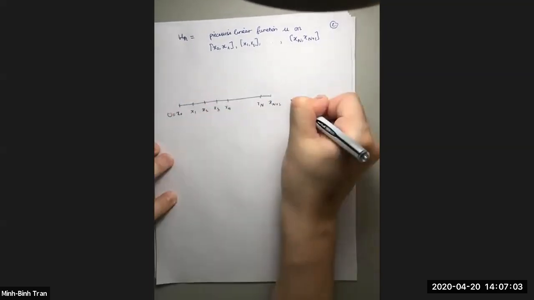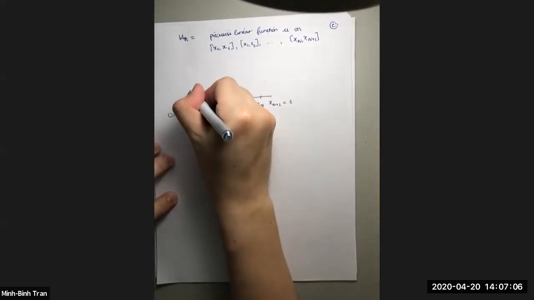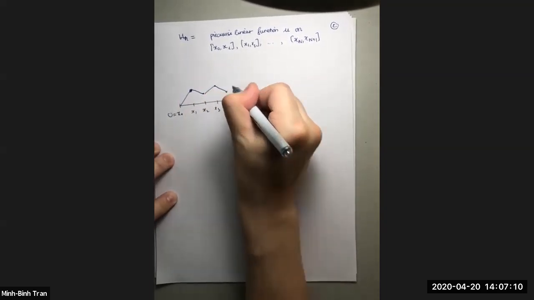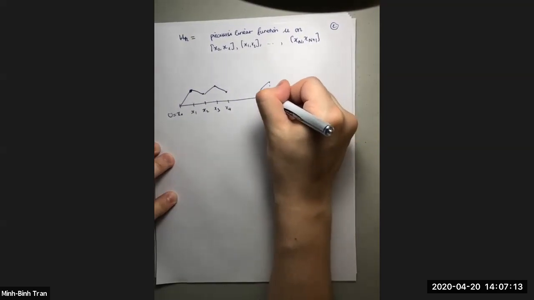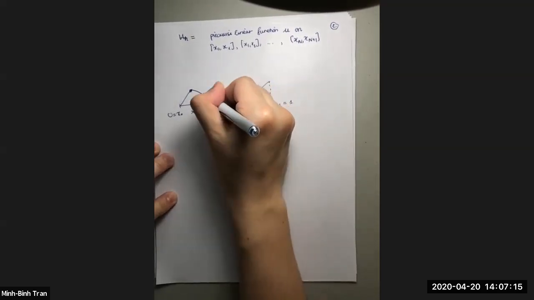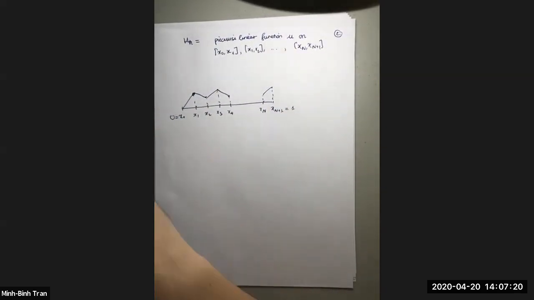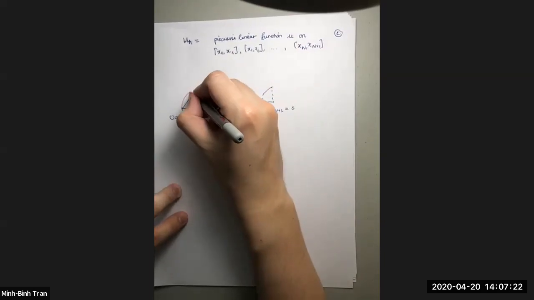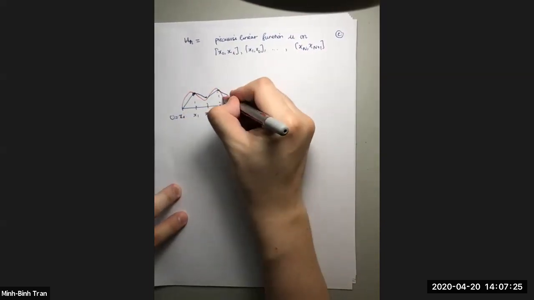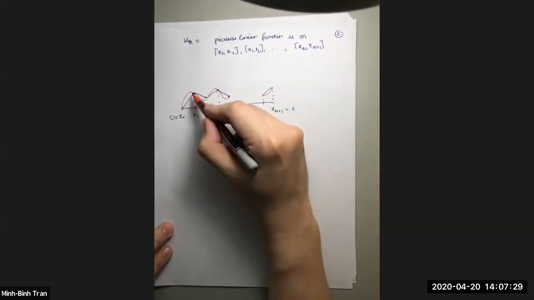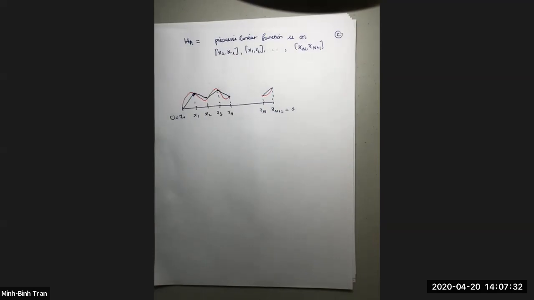So this is 0 and this is 1. So what you do is that you approximate this by a piecewise linear function. And this is basically the space H_h that you have, right? So suppose that you have a function like this, then you are going to approximate that by some linear function. So you approximate the curve by straight lines.